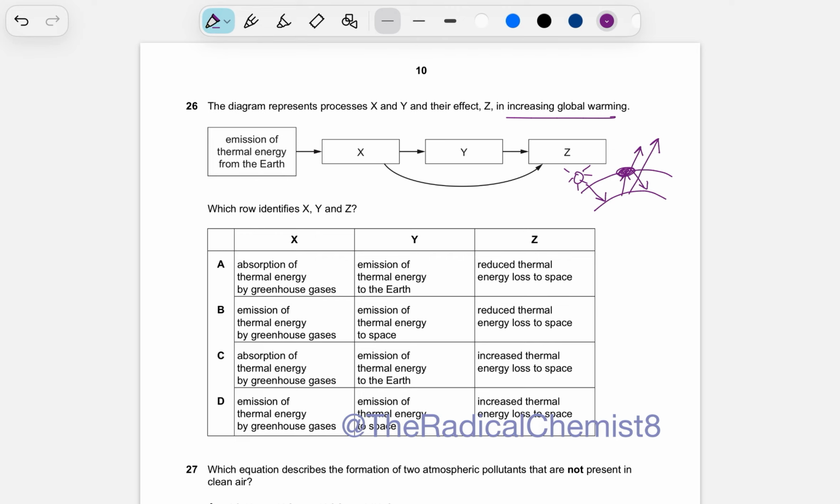So in this case, there's less thermal energy lost to space, which is the overall effect of process Z. So your answer has to be between A and B. X and Y are two processes that occur consecutively, and as a result of these, you've got less energy emitted back to space. So you have absorption of thermal energy by greenhouse gases, which is correct, so your answer would be A. And then the emission of thermal energy to Earth.